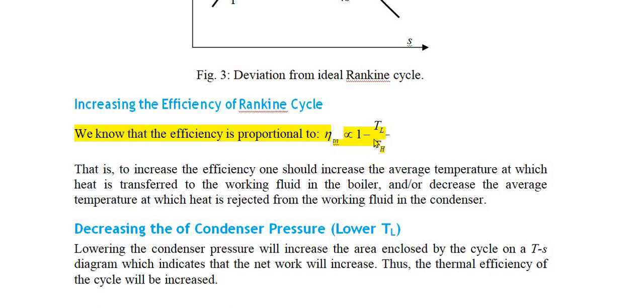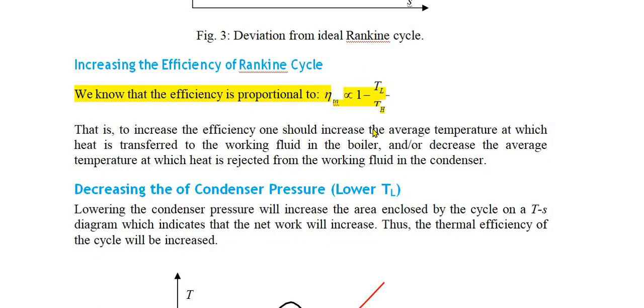If you decrease the TL, this ratio will decrease, thereby the efficiency will increase. If you increase the TH, this ratio will be small, thereby 1 minus that small value will be bigger. So we can increase the efficiency of the steam power plant.